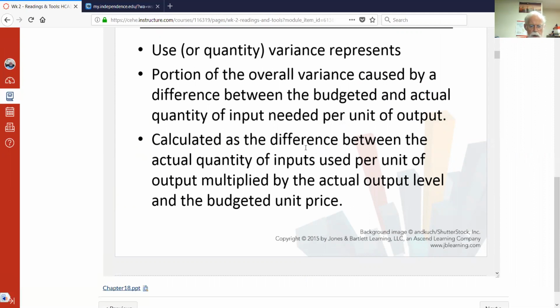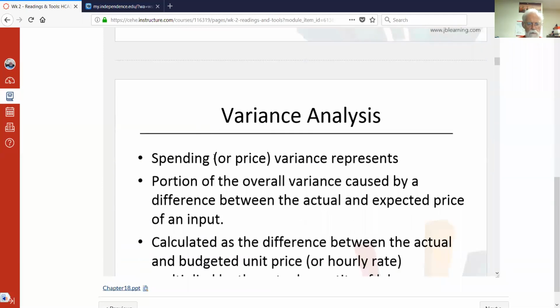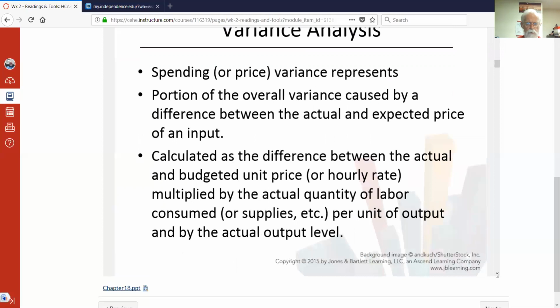Basically, we look at how many hours of nursing time, say, is put per patient, as opposed to the budgeted and actual level there. It's an unusual kind of calculation. In terms of spending, we know this.